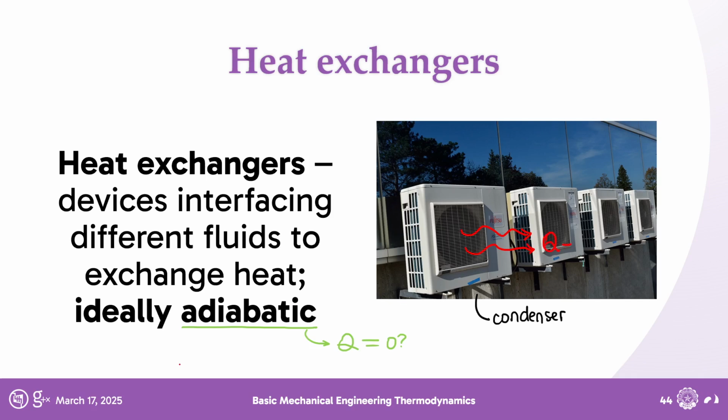So it sounds very counterintuitive, and I will offer a counter explanation. The explanation is that in a heat exchanger, this is not the system. The system consists of two different fluids. One fluid is the one that's probably more important to us, but the other fluid is the one receiving the heat.